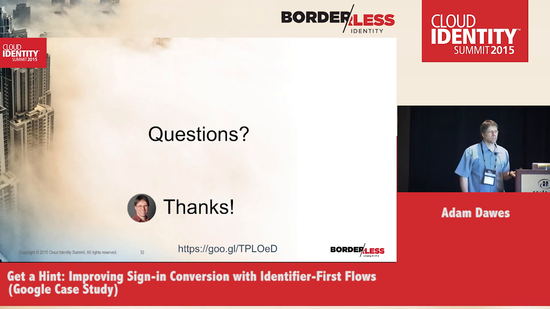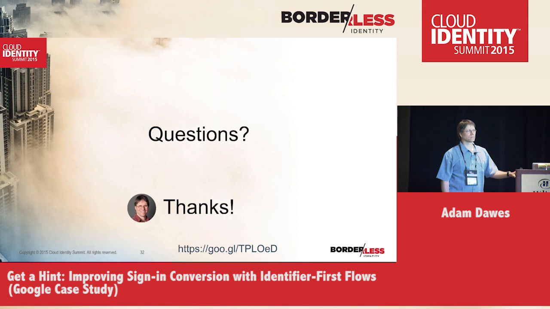On the flow where someone chose to register as opposed to using an existing account, you said that information gets pre-populated over, but in the event where they've got multiple accounts to choose from, how are you deciding what account to pre-populate their information for a new registration? The user is telling us what they intend to log in as. They're saying, I want to log into Google with this email address.